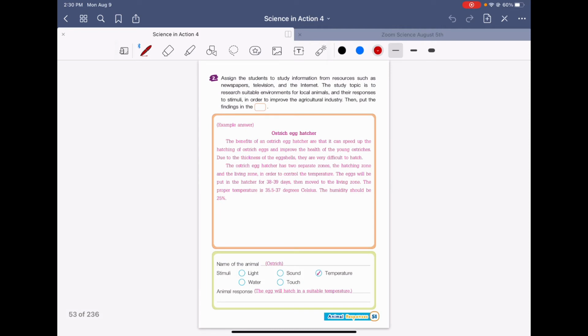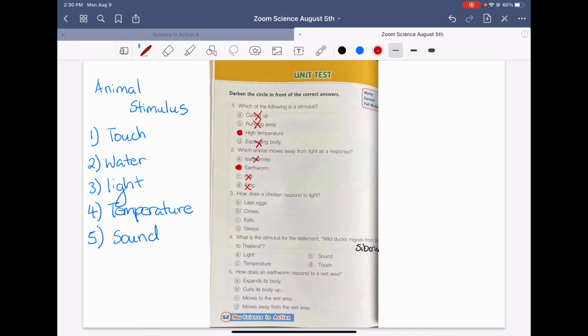Let's take a look. Usually, a chicken responds to light. It doesn't say it in our books, but how does a chicken respond to light? It doesn't say in our books.